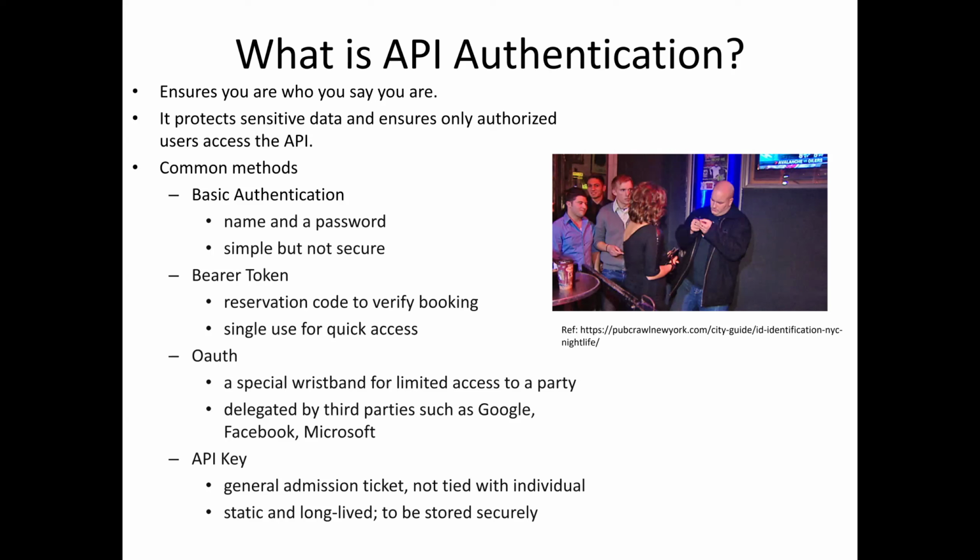It's static and long-lived. So you have the responsibility to store the key secretly and only use it when needed, because usually consuming the API requires some sensitive data and maybe some cost.